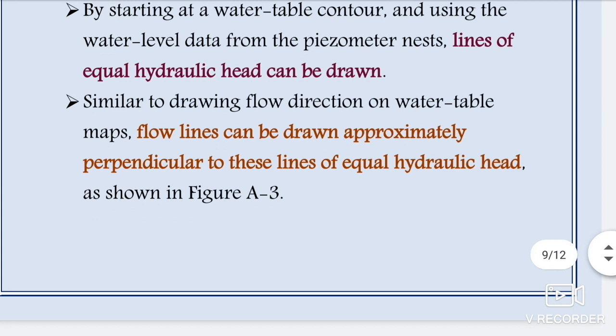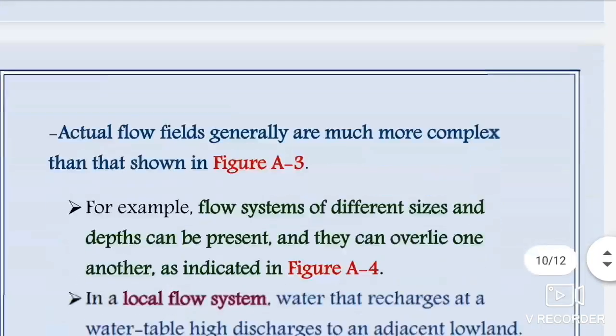Similar to drawing flow directions on water table maps, flow lines can be drawn approximately perpendicular to the lines of equal hydraulic head, as shown in figure A3.